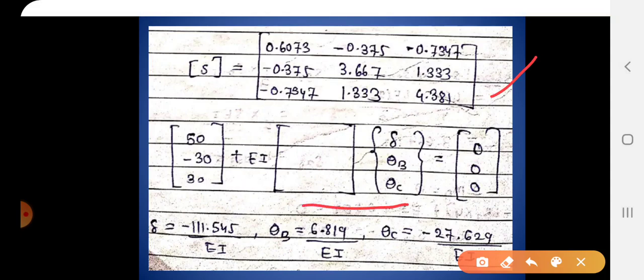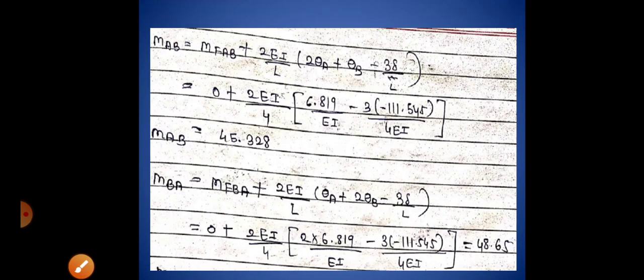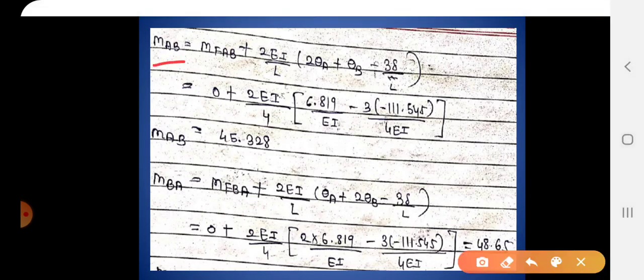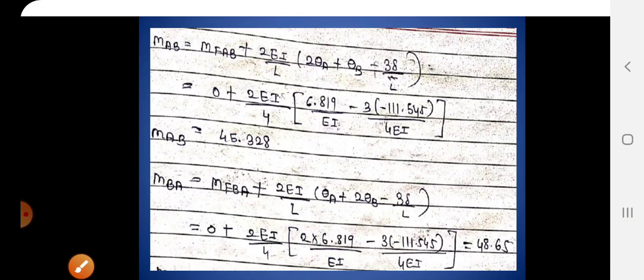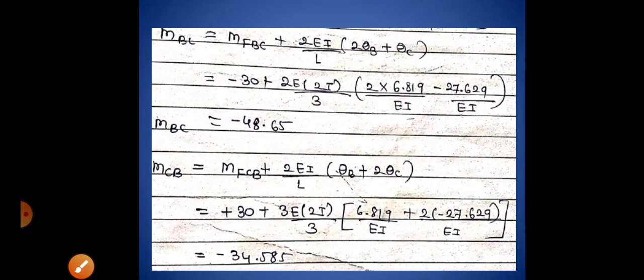Again, by using the stiffness equation, you will get the 3 redundants, delta, theta B and theta C. Now the last but one step is to find the final moments. For column AB and BA, you will have to consider the moment due to sway by using the standard slope deflection equation, and you will get the values of MAB and MBA.